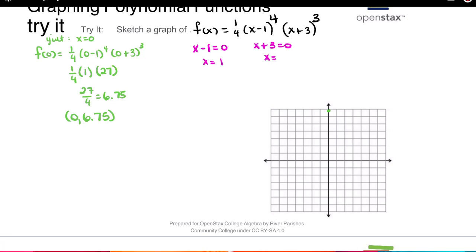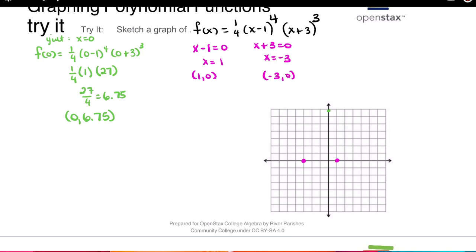We add negative 3 to both sides, we get negative 3. So we have the points (1, 0) and (−3, 0). Oops, I wrote that wrong, it should be (−3, 0). I apologize. Okay, so I know 3 points on the graph.